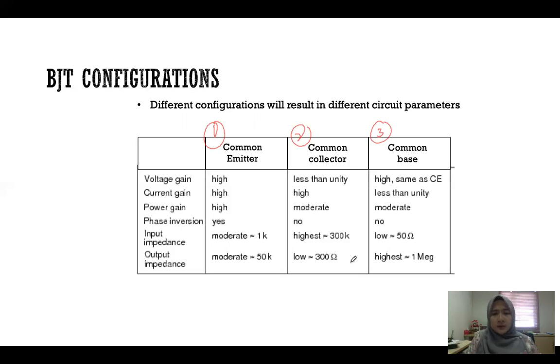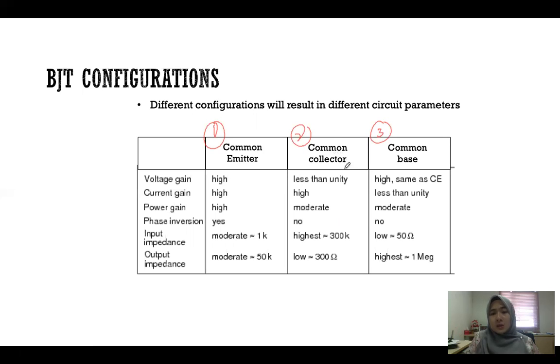What is the difference? Based on the circuit, I will explain in the next slide. So you just look at here. For the common emitter, you can see the difference, for example, this is the voltage gain. If the transistor configuration is common emitter, you should expect that the voltage gain is high.